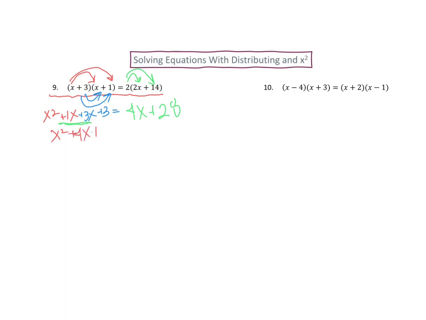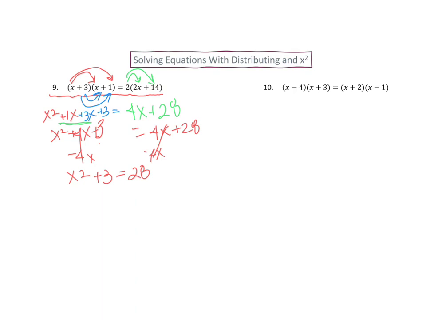Plus 3 equals 4x plus 28. So I got two 4x's there. So you know what I'm going to do? First of all, to make this a little simpler to look at, I'm going to go minus 4x minus 4x. That goes away, that goes away. And what I get is x squared plus 3 equals 28.